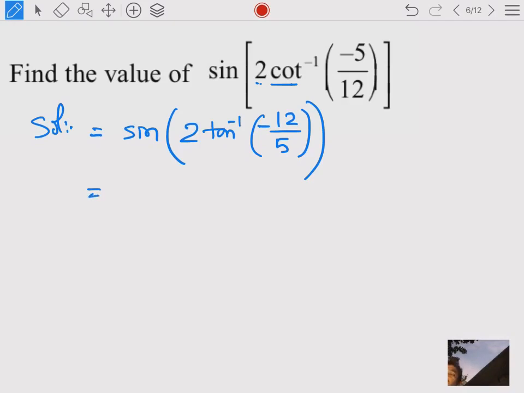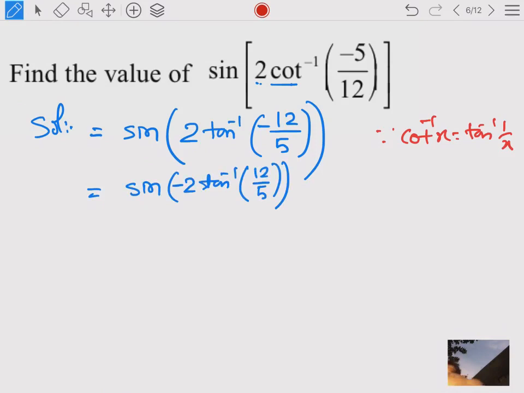And now, because we use this formula, the reference we give is that cot inverse of x is equal to tan inverse of 1 upon x. Next step, tan inverse of minus x is minus tan inverse x. So sine 2 minus tan inverse 12 by 5, because tan inverse minus x is equal to minus tan inverse x.